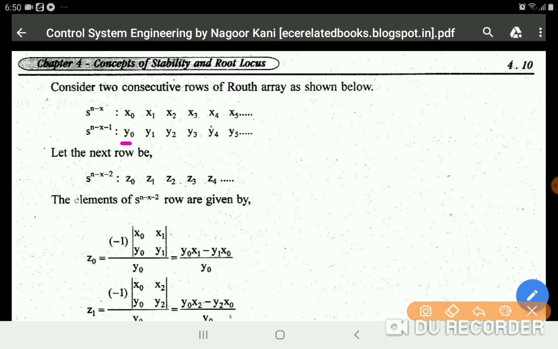So how to find the value? We all know that it is the determinant y0 x1 minus x0 y1, divided by y0.